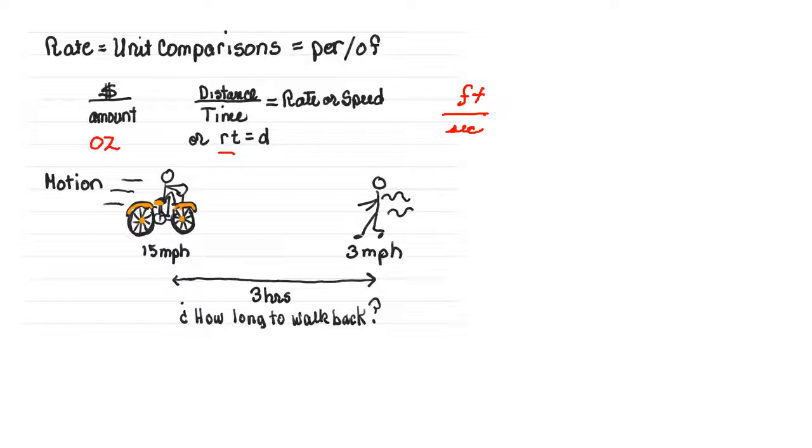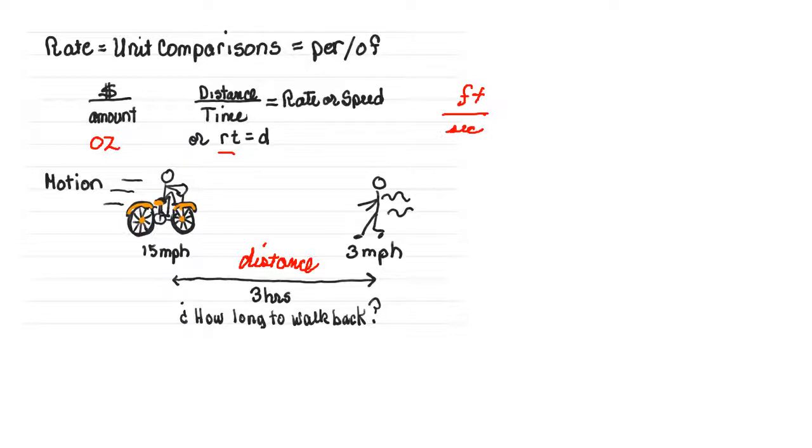All right, motion again. So this is where a picture is worth 1,000 words. Here's old John riding his bike into town to the repair shop, and then here's old John walking back. So obviously the distance is going to be the same going and coming back. It took him 3 hours altogether. We need to know how long it takes to walk back.